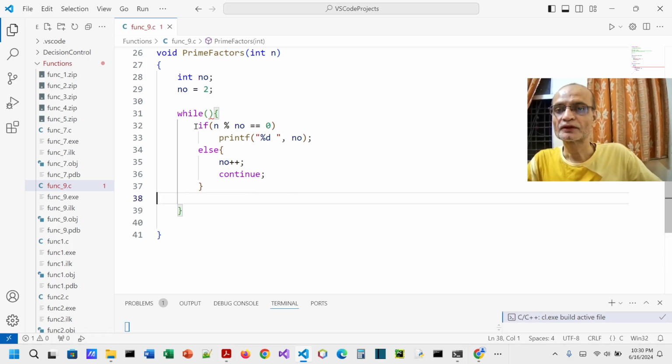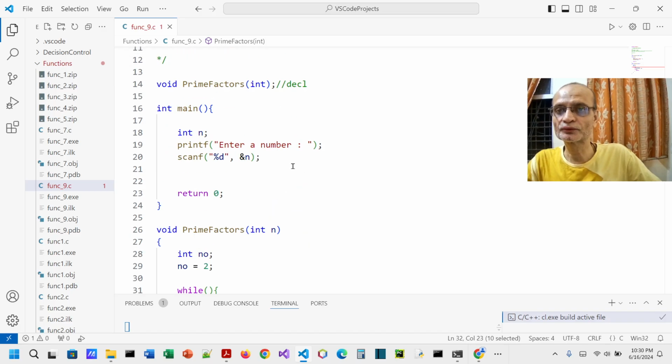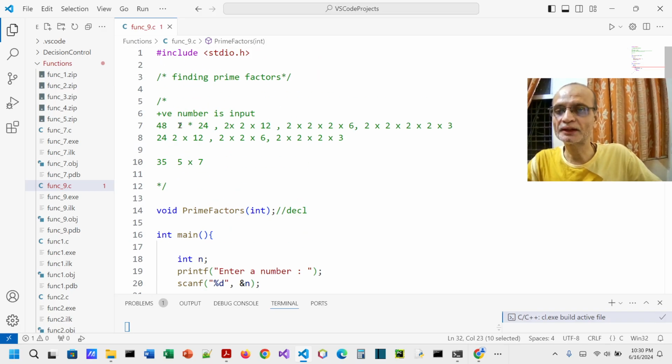When you want this to be executed, you first check the remainder is 0. Like 48 divided by 2 remained 24, then 24 was divided, so you got 2 into 12, like that.